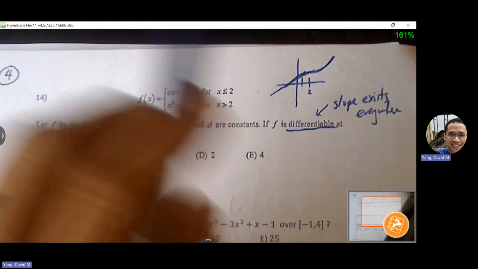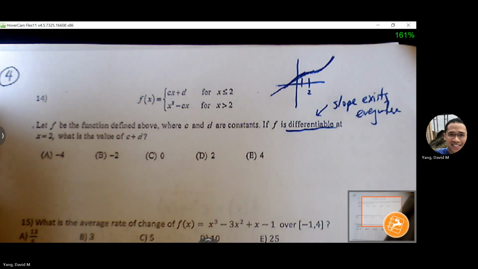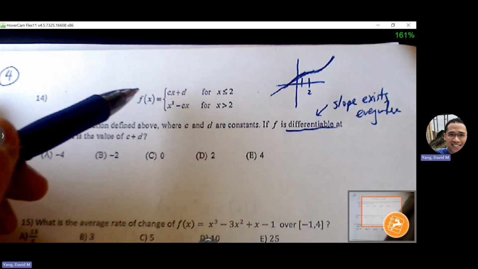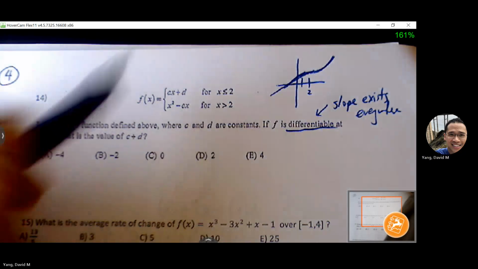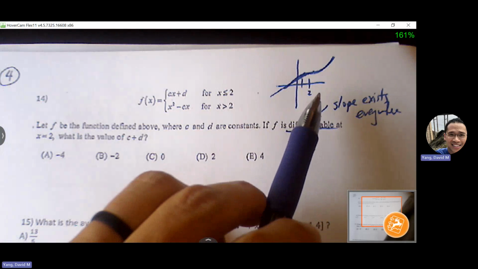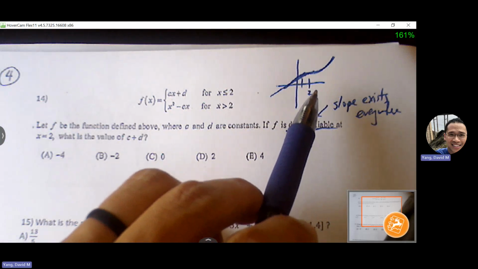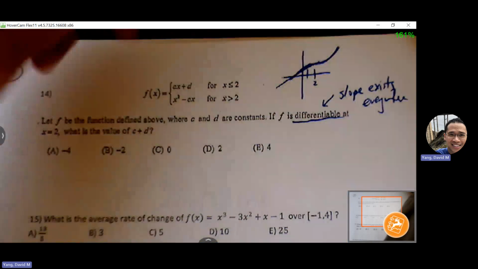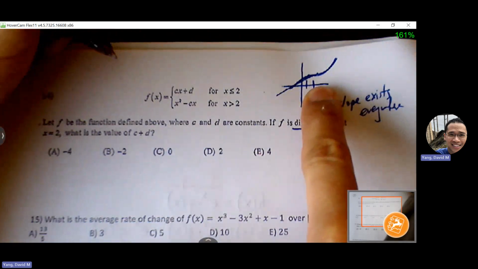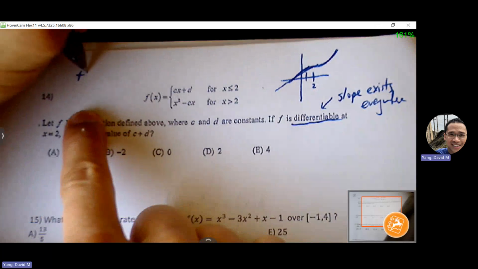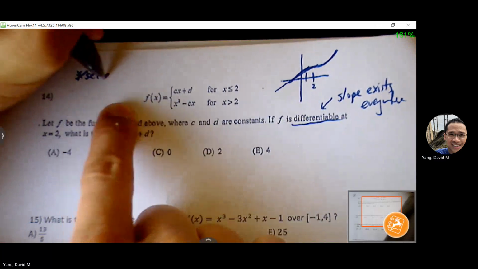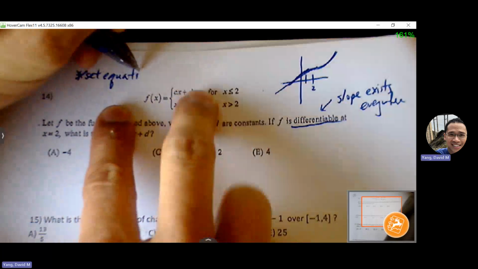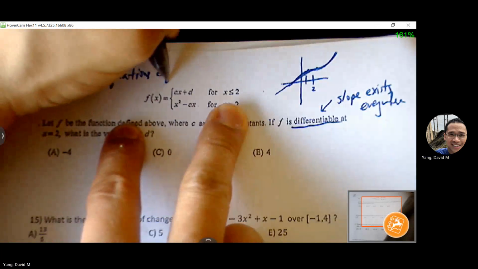So what we do know is that these two graphs must share the same what at 2? Slope. And they share the same what? Point. Yes, they share the same point and the same slope. So what does that mean algebraically? If they share the same point, we can set the equations equal to each other, since they must share the same y value.